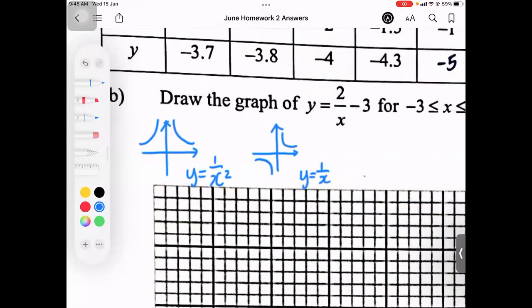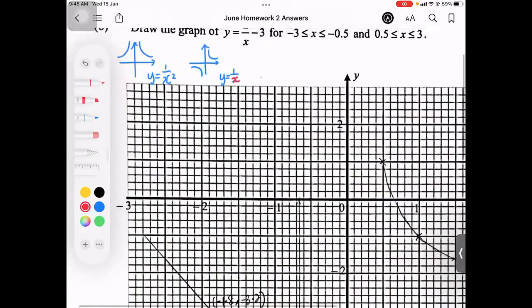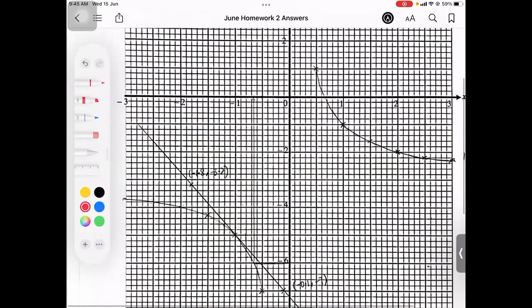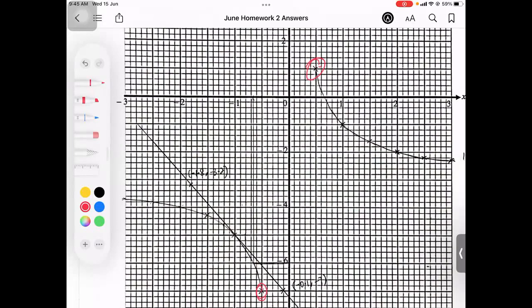Why is that so? Because when x is equals to 0, 1 divided by 0 has no values. So it's actually technically impossible to join up the 2 points in between here, right? So there's no need to join up the curve at all, because when x is equal to 0, it will go to infinity.